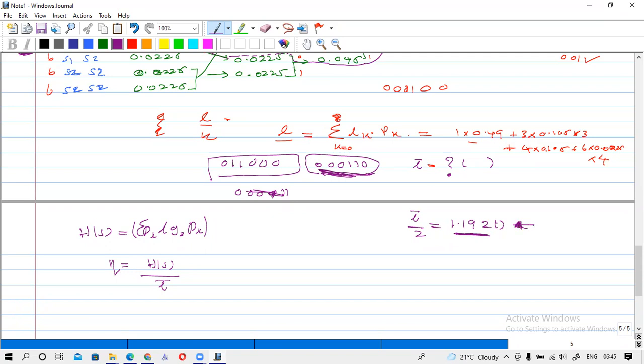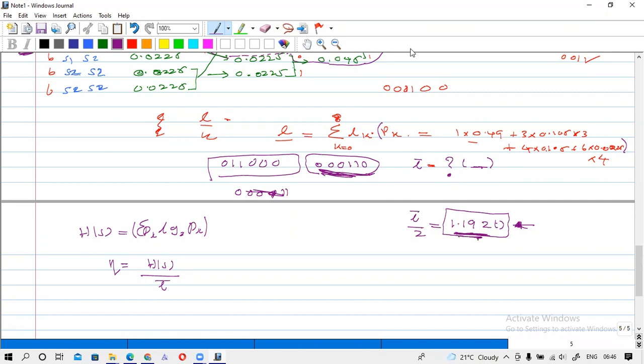So when you solve this one, the average total length, you will get the value. But that value is for 2 bits, 2 characters. So to find the 1 character, you have to divide it by 2. So after dividing, you will get this value.